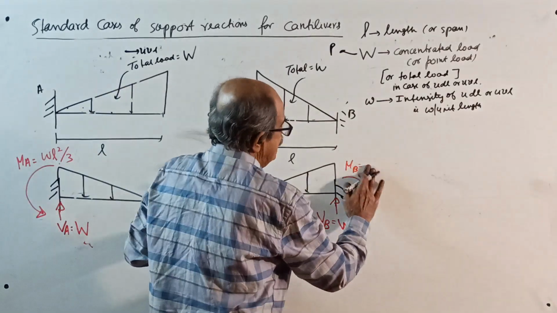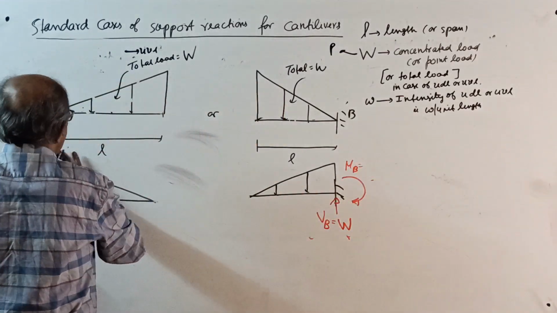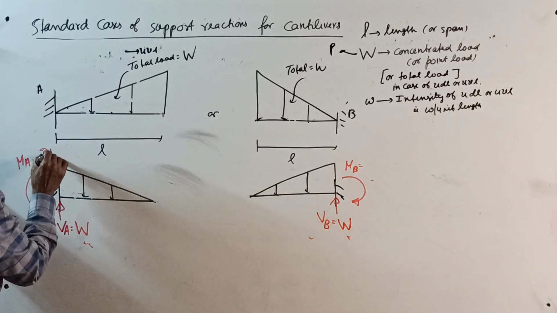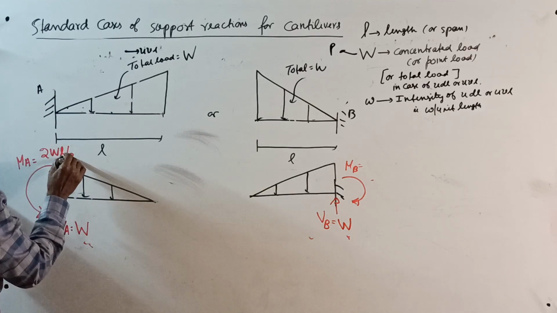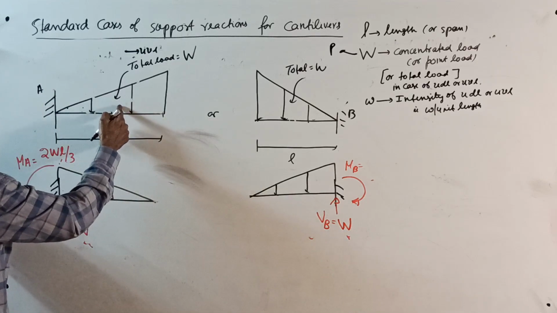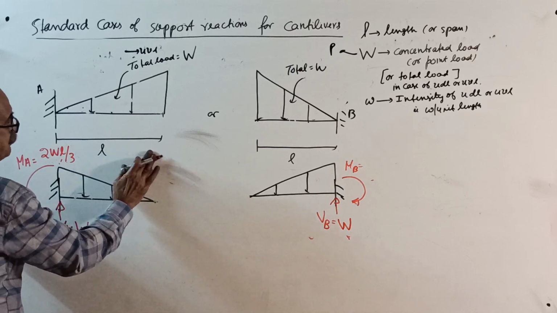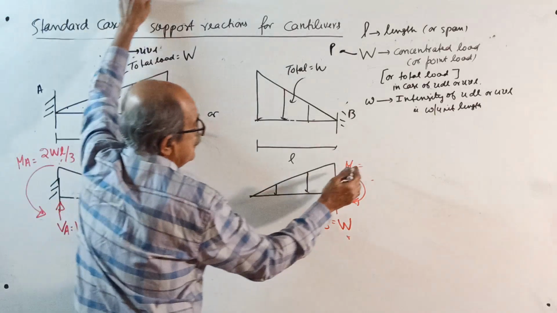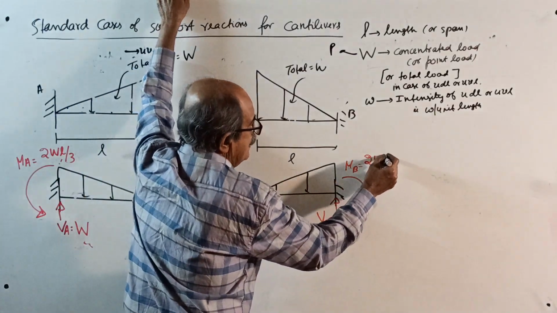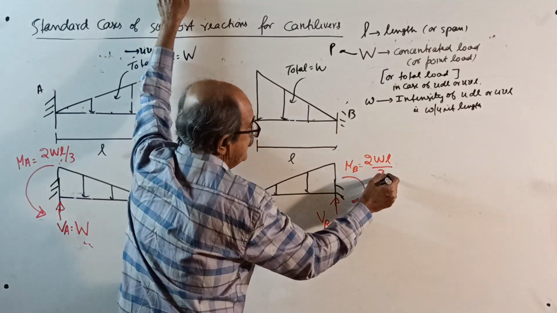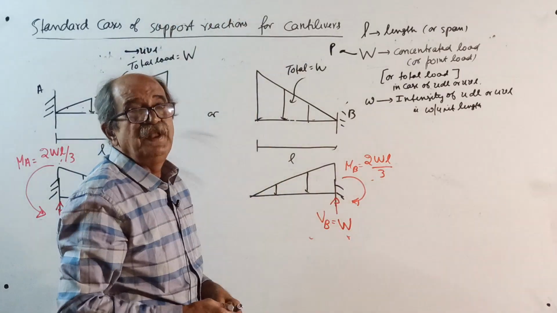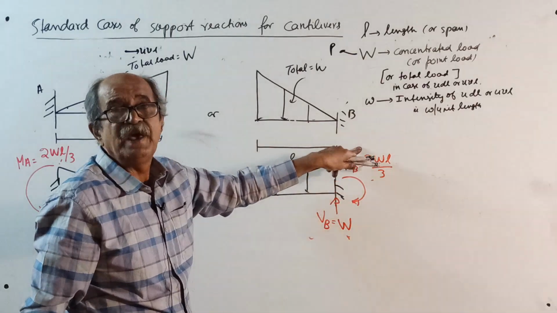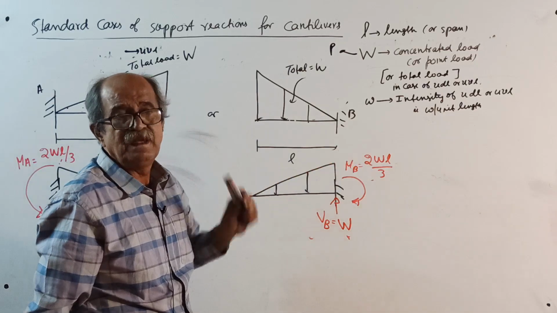And the moment will be W into 2/3 L, that is 2WL by 3. No L square now. Last time, when intensity was given, it was W into L square. Now W and WL.